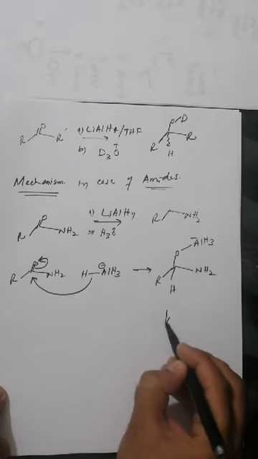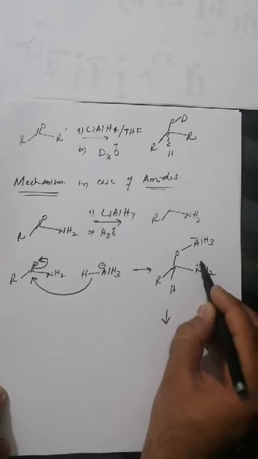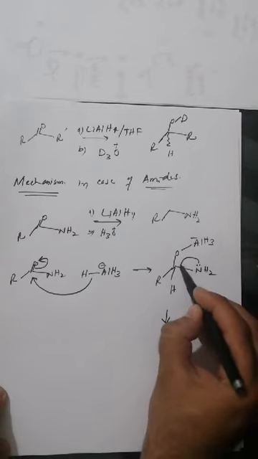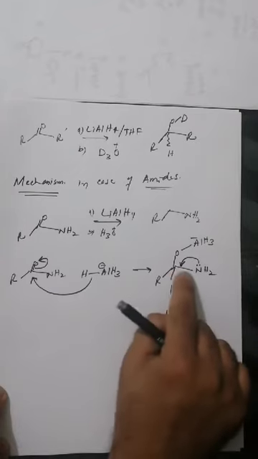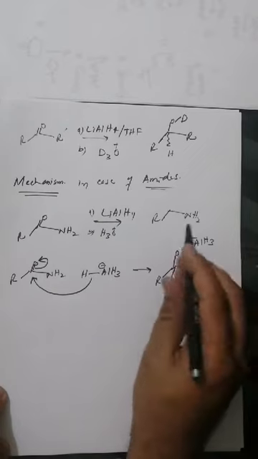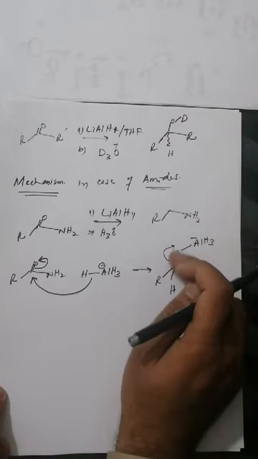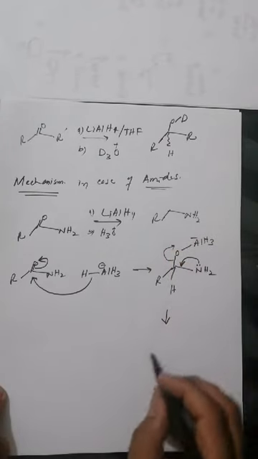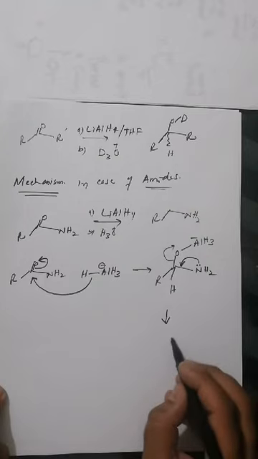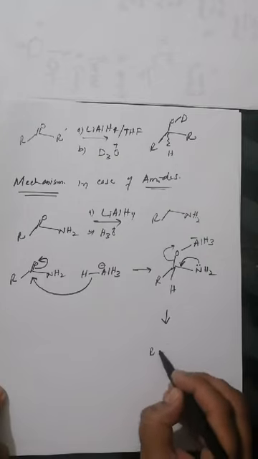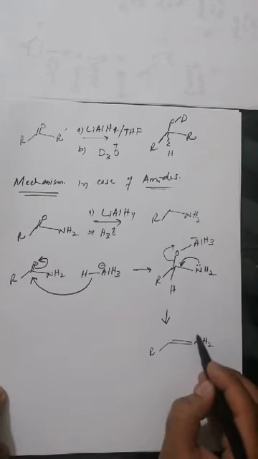So what happens is that the lone pair of the nitrogen reforms a new bond with this carbon, making a carbon-nitrogen double bond, kicking out this good leaving group. So you get this intermediate.